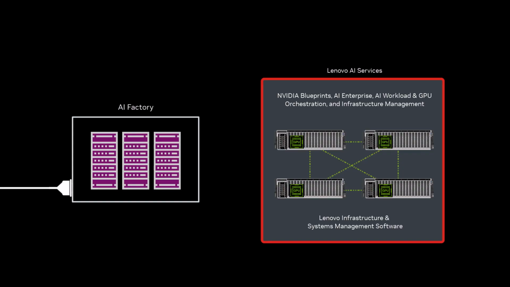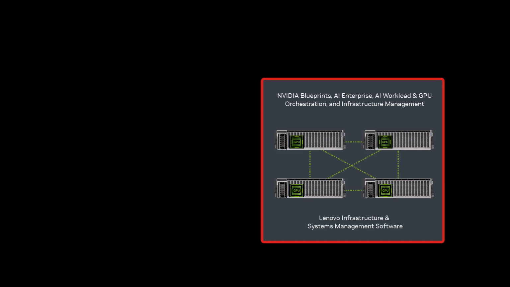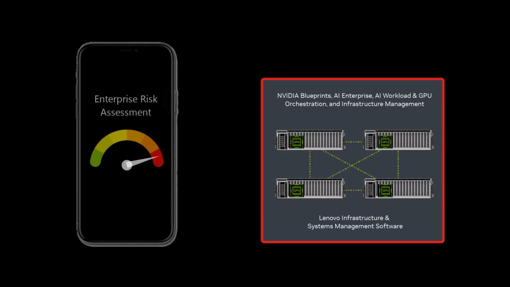AI factories typically require more kilowatts per rack of power and include both liquid and air-cooled systems. Now, this is not a fully custom project for our customers, which typically means higher risk of delays or overstated performance. We partner to test and validate that these systems are NVIDIA certified, which means they're tuned and optimized for optimal performance and scalability.